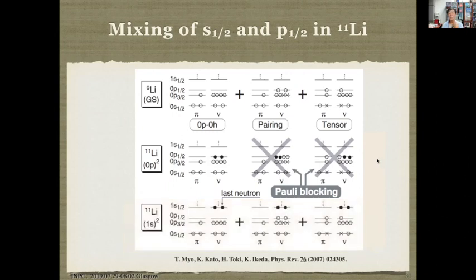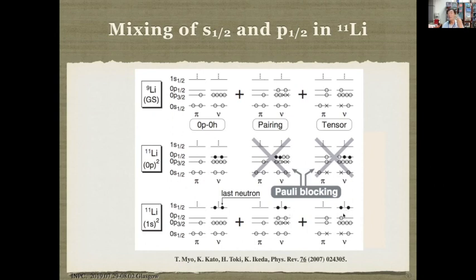Now, if you put 2 neutrons in S1/2, then this tensor excitation is not blocked. And pairing is not blocked, but originally this gap is large, so this effect is small. Okay, but anyway, the point is that the P wave configuration blocks the tensor energy, and the S wave configuration doesn't block tensor interaction.